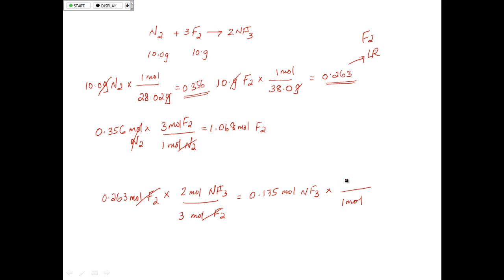N is 14 something, 14.01. Okay, and 3 fluorines. 71.01 grams. Okay, so moles and moles will go away and you will have your answer in grams.